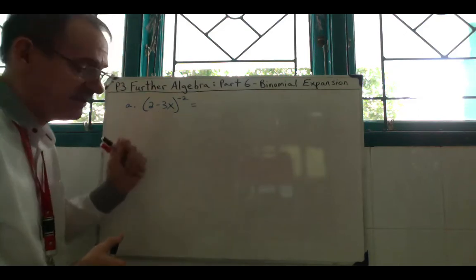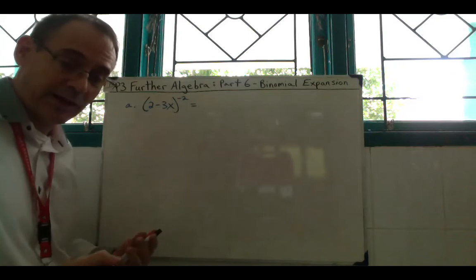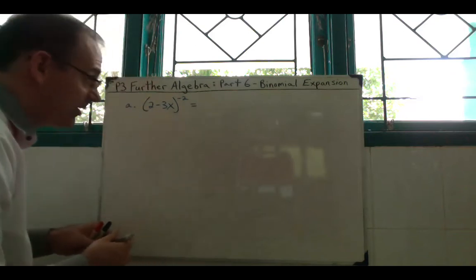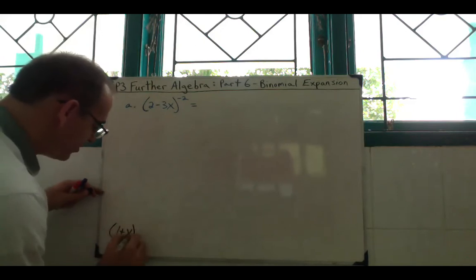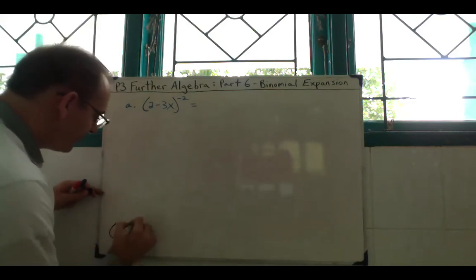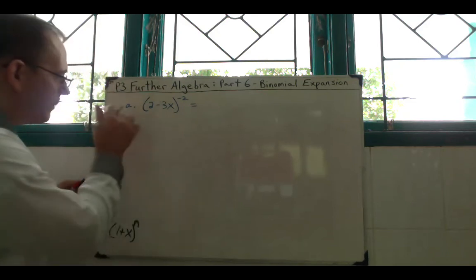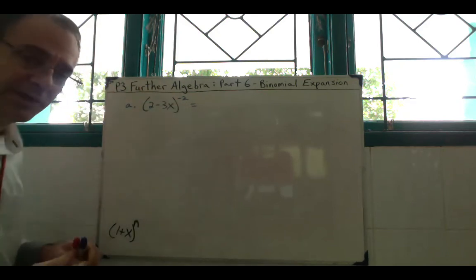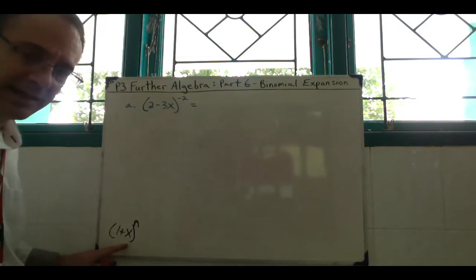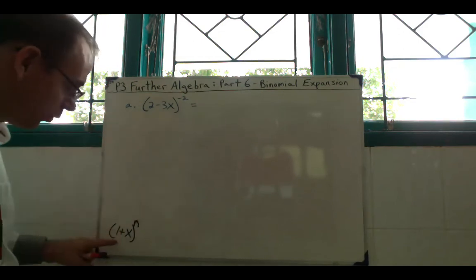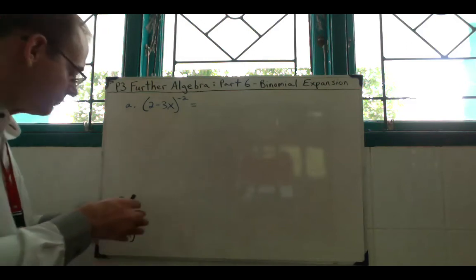The number's in front and the x is in the back. That's what we want. Remember that the pattern starts off with 1 plus x to the n. So the first thing that you want to do is make your original fit this pattern, 1 plus x to the n. We want the 1 in front, the x in back.